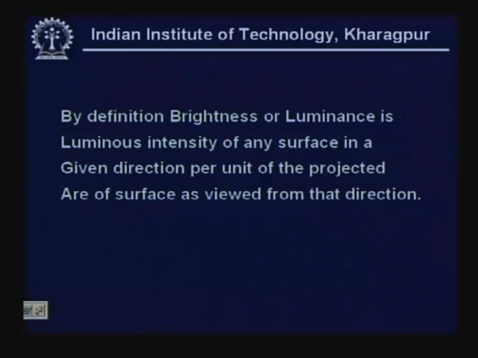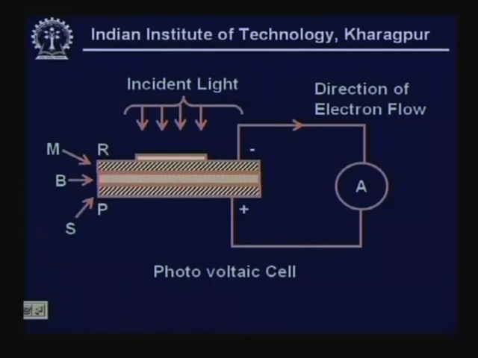By definition, brightness is also known as luminance, whereas the effect we call illuminance. Luminous intensity of any surface in a given direction per unit of the projected area of the surface as viewed from that direction. This is very important in interpreting the light flux diagrams of the sources.